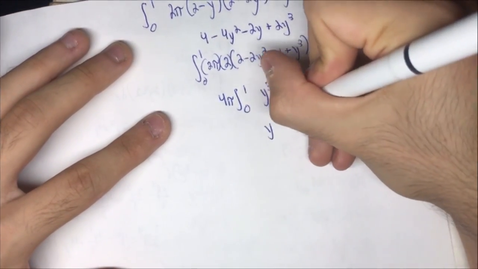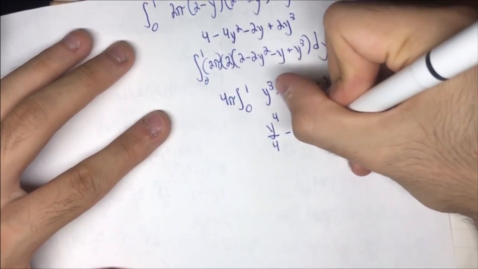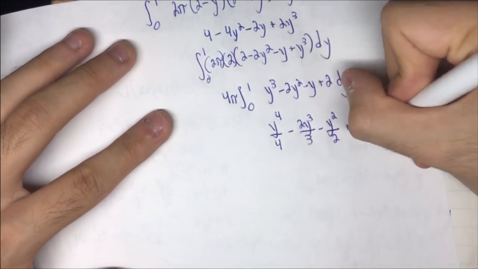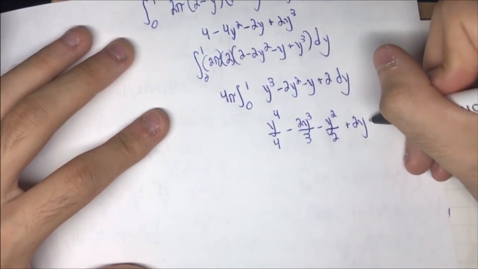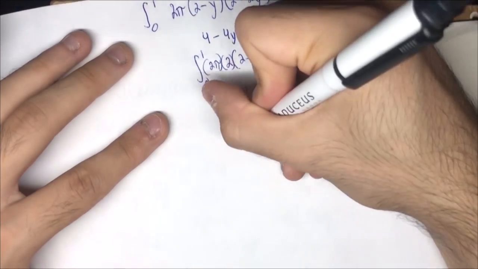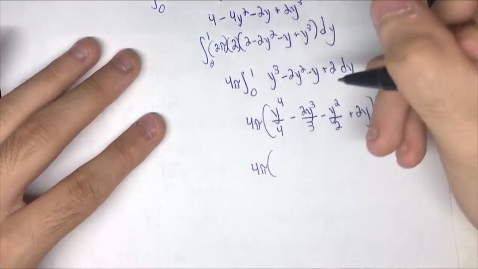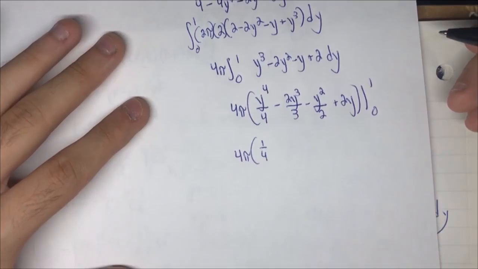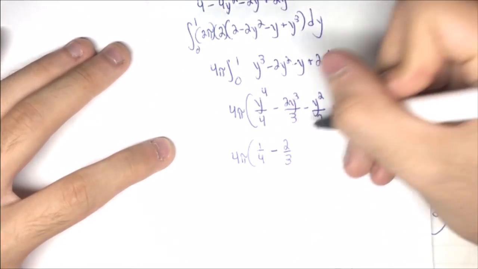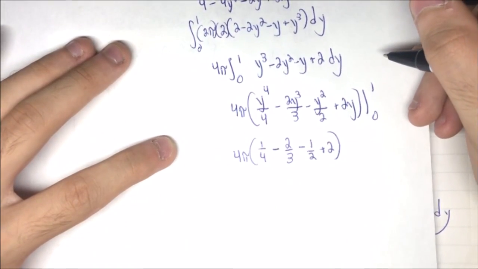Cool. So now let's get the antiderivative of this. It's going to be y to the 4th over 4 minus 2y cubed over 3 minus y squared over 2 plus 2y. Awesome. From 0 to 1, and it's still being multiplied by 4 pi. So now let's plug in the 1 into all of this. That would be 1 over 4 minus 2 over 3 minus 1/2 plus 2.